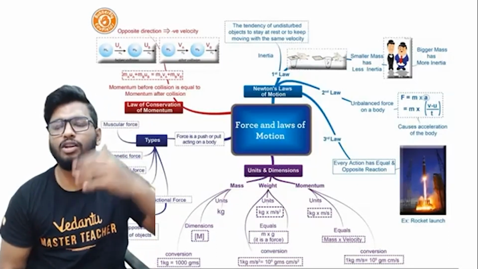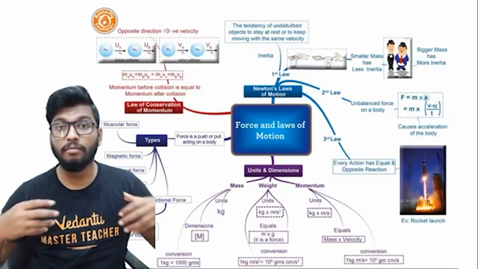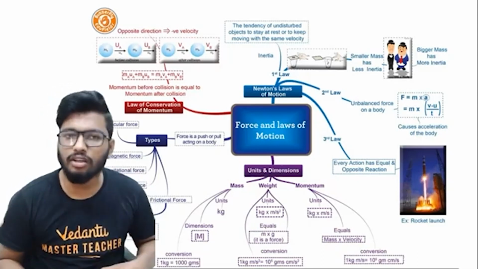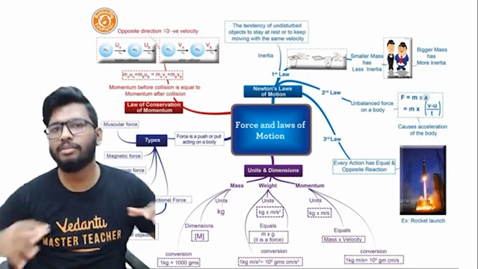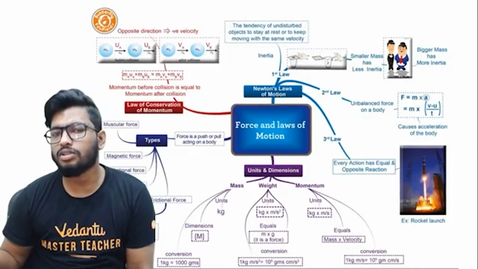You have something called the law of conservation of momentum. It states that the momentum of a body before collision will be equal to the momentum of the body after collision. In other words, the total momentum inside a system is always conserved as long as there is no external force acting on it.